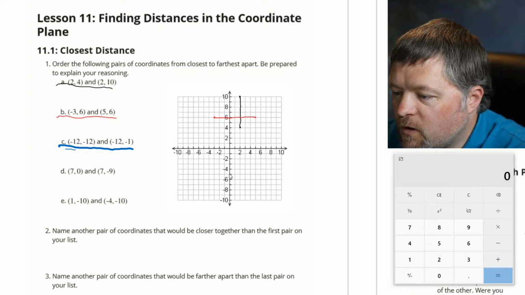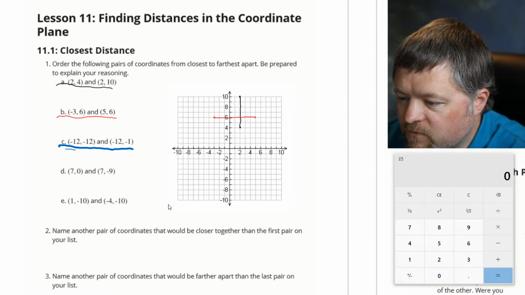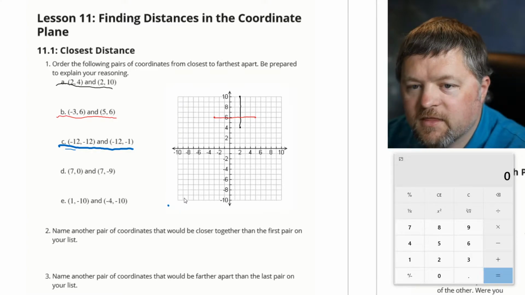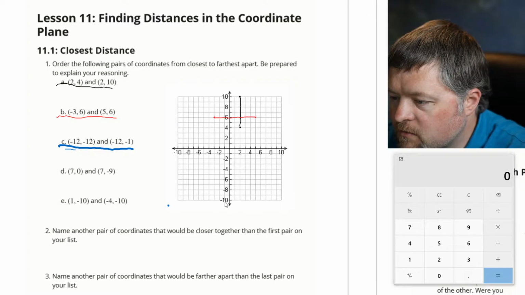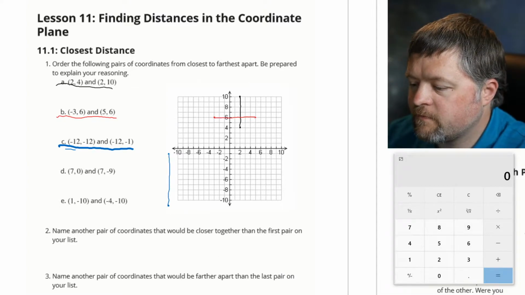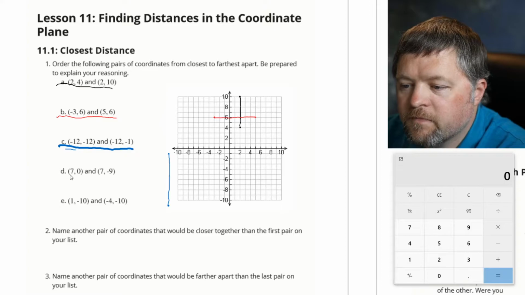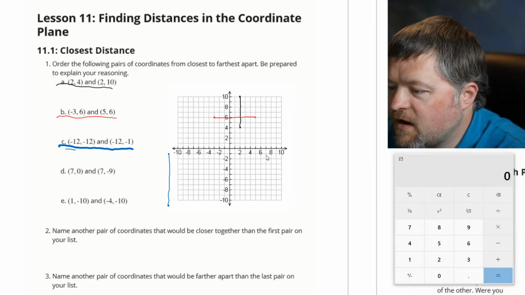-12, -12. -12, -12 is about there, and -12, -1 is about there. Seven, 0, and 7, -9. 7, 0.